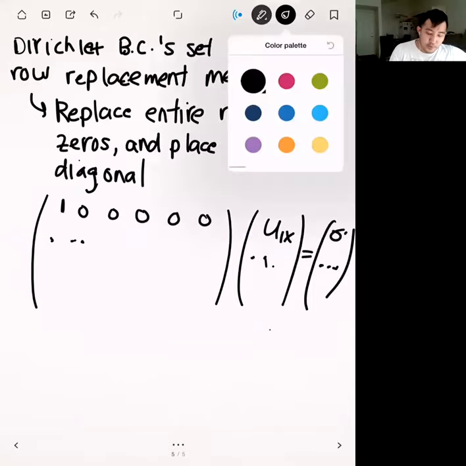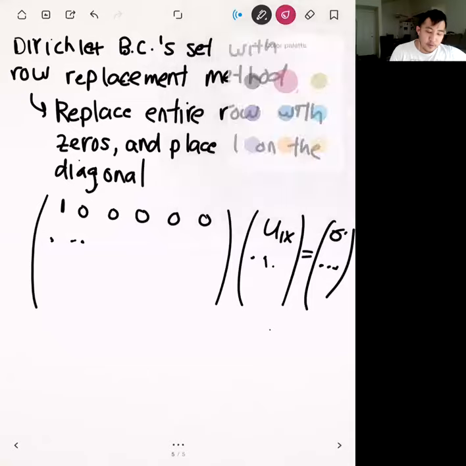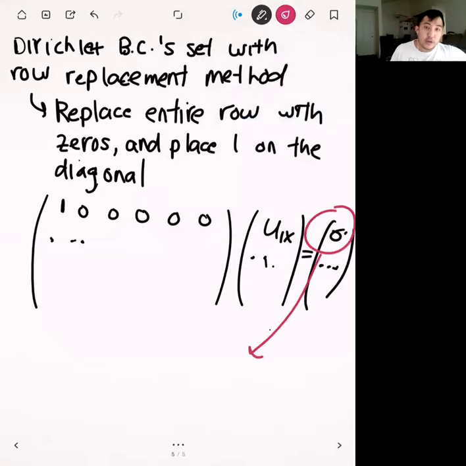Right. And so we talked about this briefly at the end of the frame equation notes. But this value that we have over here is actually your Dirichlet value.